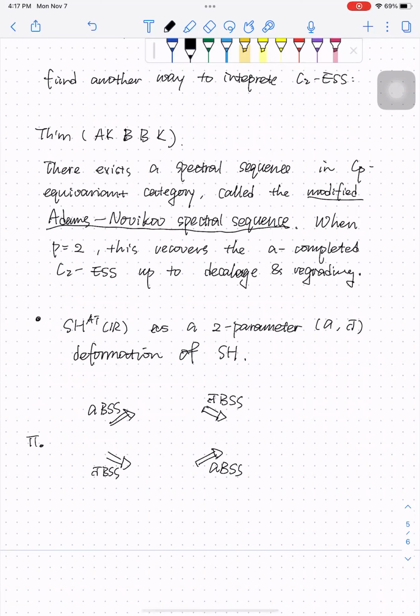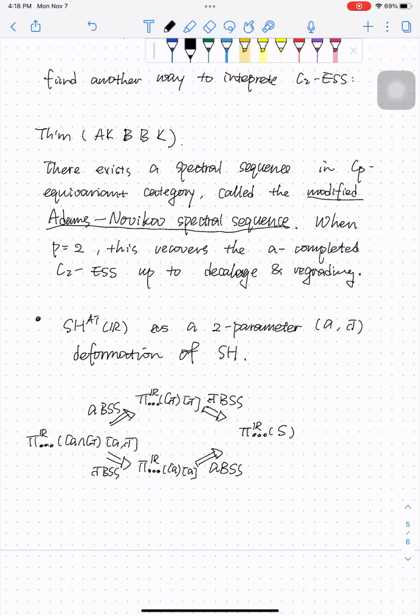And the target is the motivic sphere, and here it's C_a smash C_tau, and here you get C_tau, and here you get C_a.